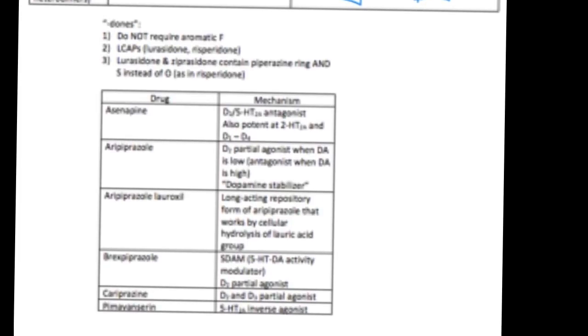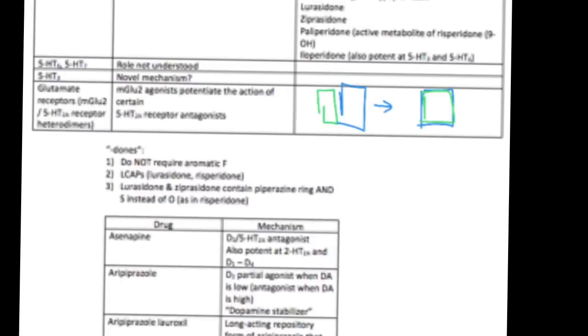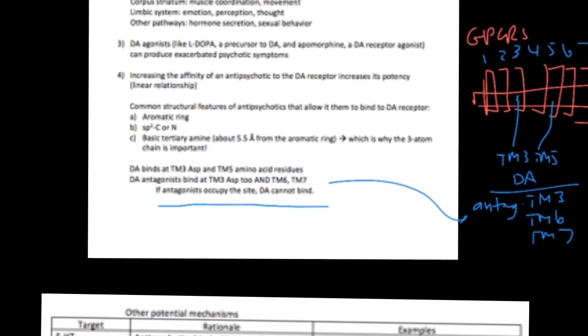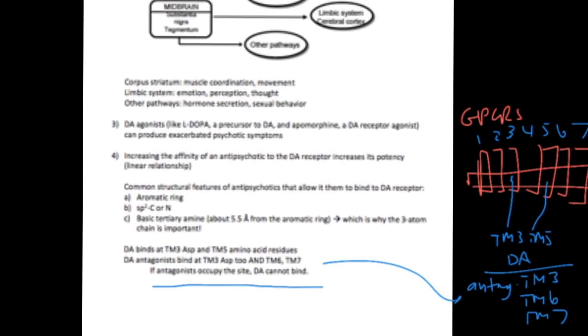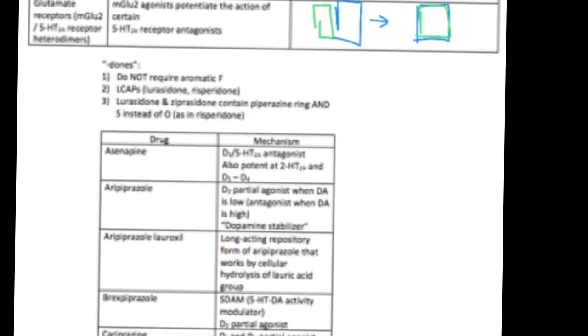Finally, these drugs are the novel therapeutic agents. Here's the drug mechanism. I'll talk about it in case you're an auditory learner. Asenapine is a D2 dopamine and 5-HT2A antagonist. Remember, I think I just glossed over that. Hold on, let me go back. Okay, so remember the dopamine 1 family is not directly involved in psychosis.